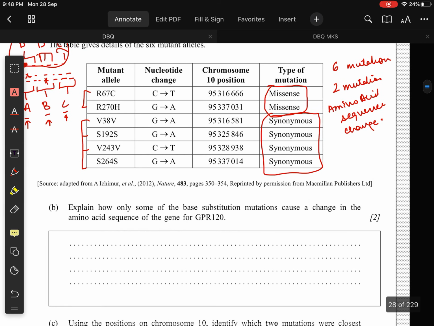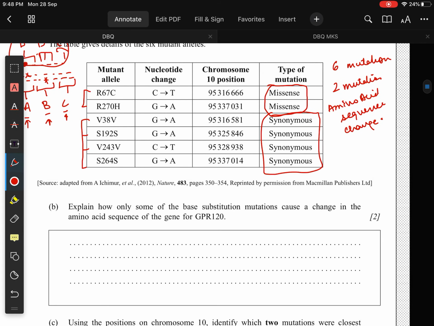So how many codons do we have? We have 64 codons. Just to make you understand, I'm telling you this information. We have 64 codons, and we have, sorry, not 64 amino acids. We have only 22 amino acids in our body, while we have 64 codons.